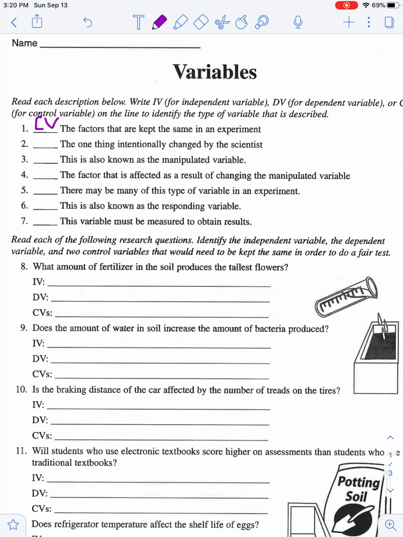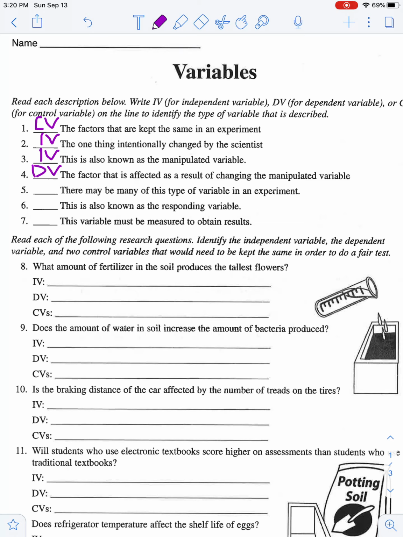The one thing that's intentionally or purposely changed by the scientist would be my independent variable. This is also known as the manipulated variable. The manipulated variable is the independent variable. The factor that is affected as the result of changing the manipulated variable, that will be our dependent variable.